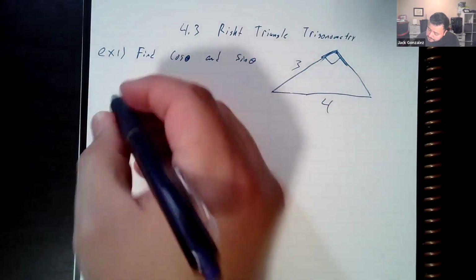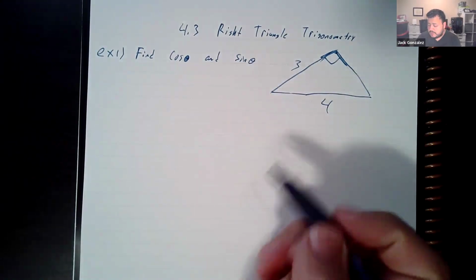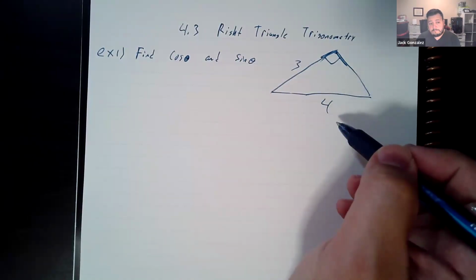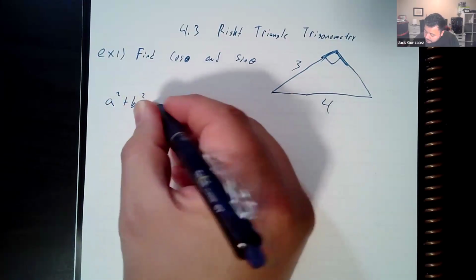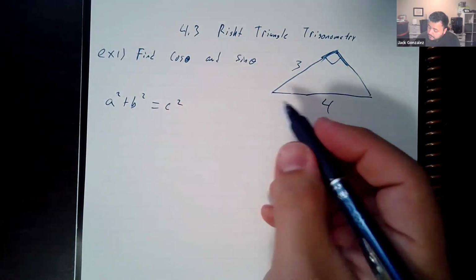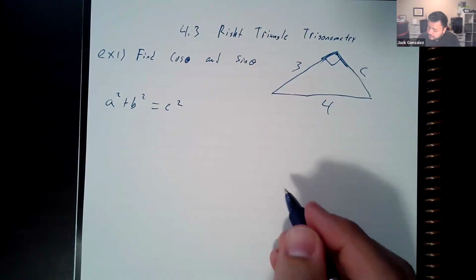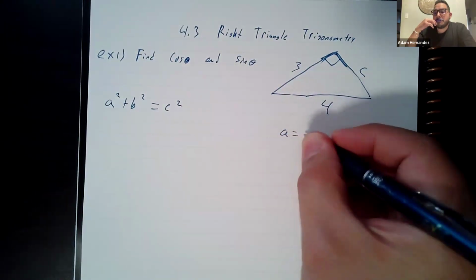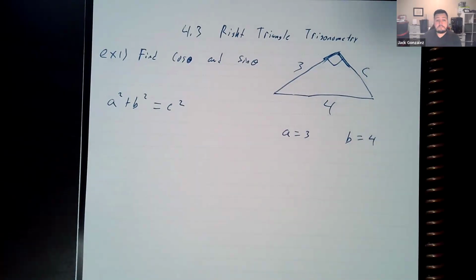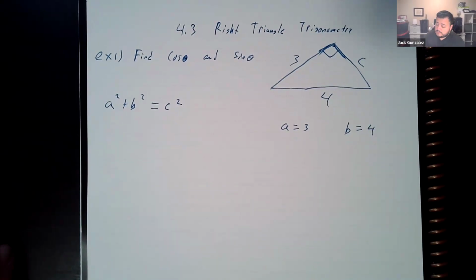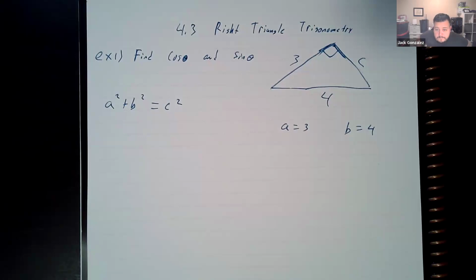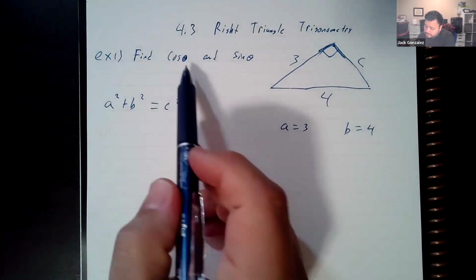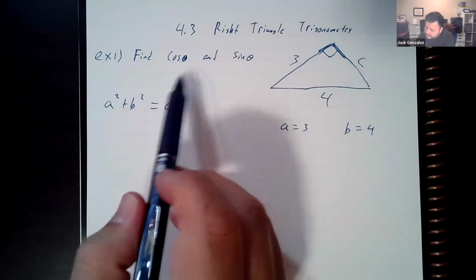Okay. So in order to find cosine and sine, we need the hypotenuse. We can't solve it, right? So we have a missing side. We know that a squared plus b squared is equal to c squared. Using Pythagorean, we can find the c. So a is 3, b is 4. My triangle is drawn horribly, but this is supposed to be the hypotenuse, which makes sense because if it wasn't, we would have one of these already.